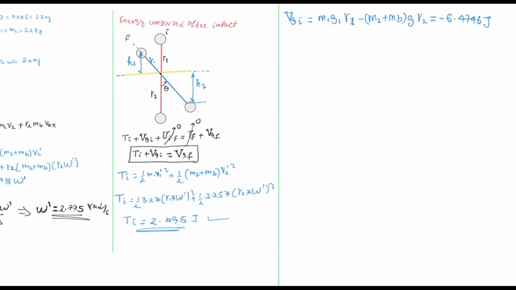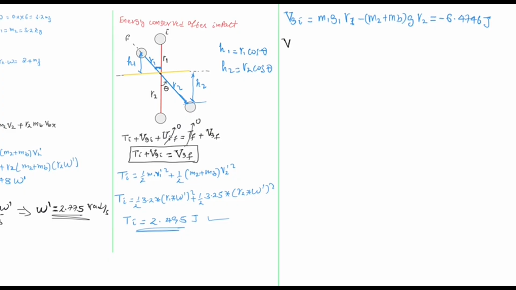Here this length is r1 and this is r2. So we know that if this is theta, this one will also be theta, so h1 will be equal to r1 cos theta, and the same thing, h2 will be equal to r2 times cos theta. Thus these h values will be used for the final gravitational energy.